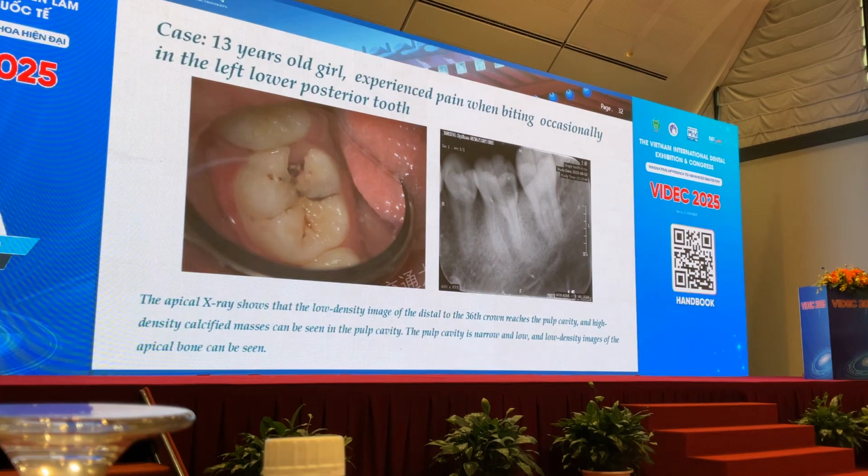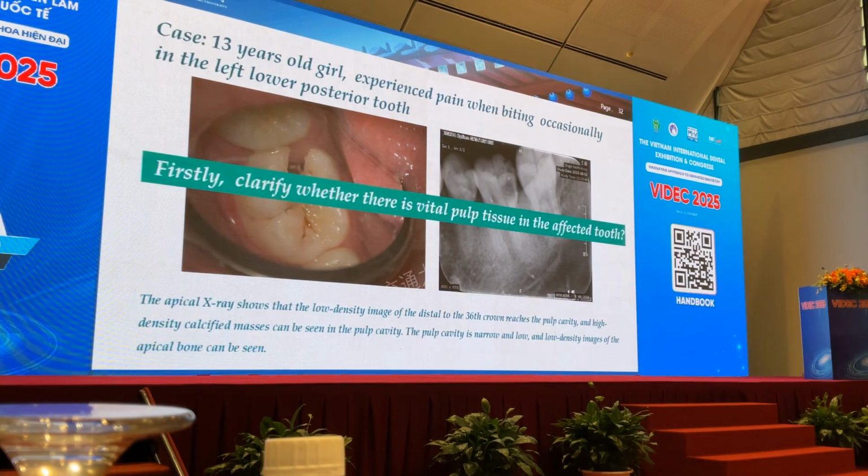Even if the diagnosis of irreversible pulpitis or even apical periodontitis was made, you should remember that we should clarify whether there is any vital pulp tissue in that tooth, or whether vital pulp therapy can be attempted for that tooth.